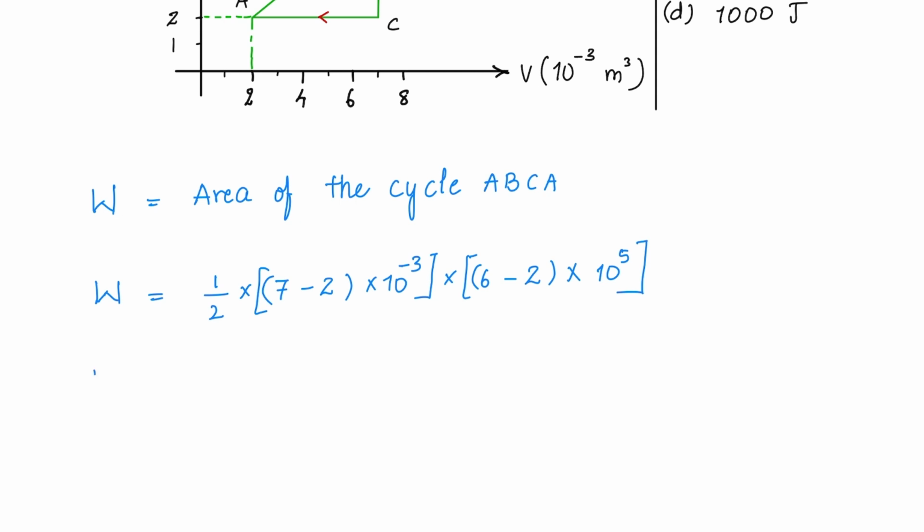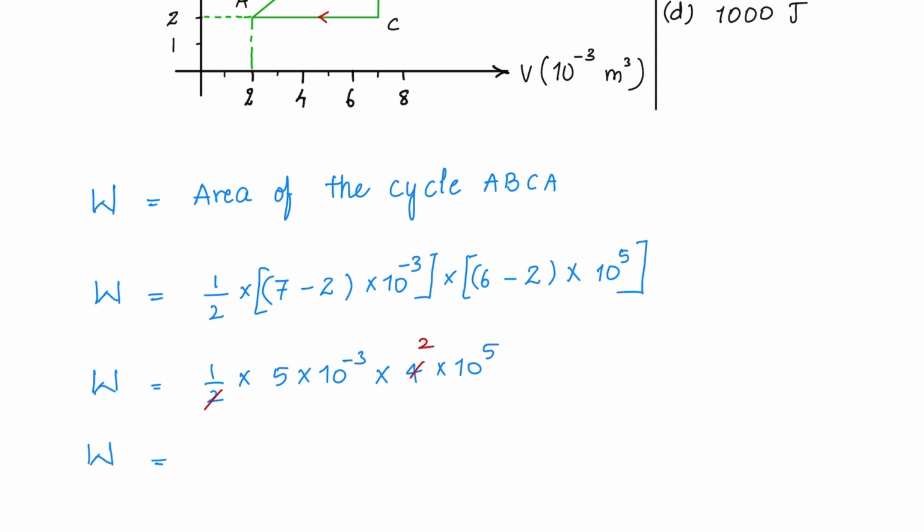Now simplifying this, the work done will be equal to half into 7 minus 2, which is 5, into 10 to the power of minus 3, into 4 into 10 to the power of 5. Simplifying this, 2 ones, 2 2s are 4.